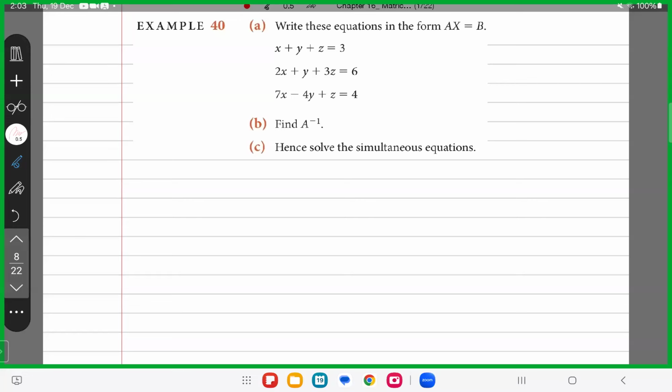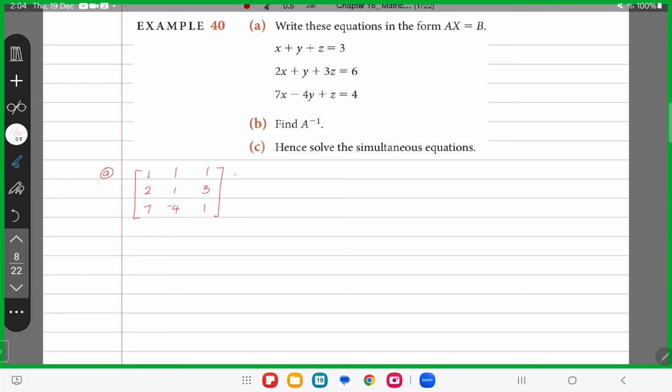All right, so for example 40, the first thing we're asked to do is to write these equations in the form AX is equal to B. A is the coefficient matrix. So my answer to A is this: 1, 2, 7, 1, 1 minus 4, 1, 3, 1.